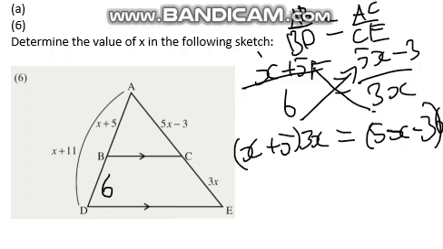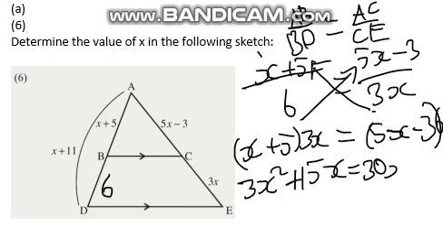Sorry about that, I'm running out of space. So then we're going to have 3x squared plus 15x. And on this side, we're going to have 30x minus 18. Okay, now we're going to bring everything to one side.